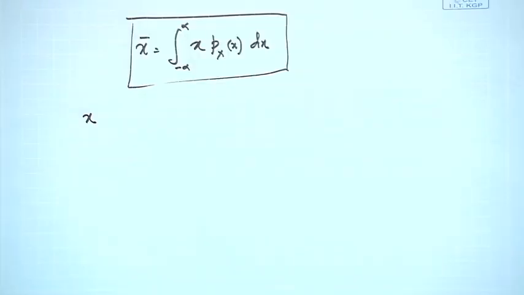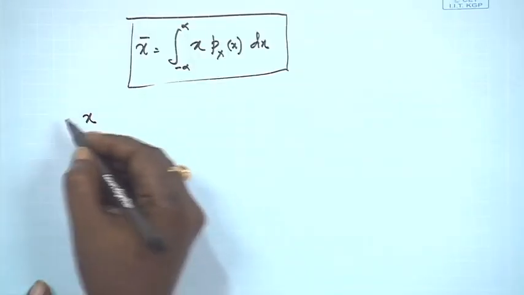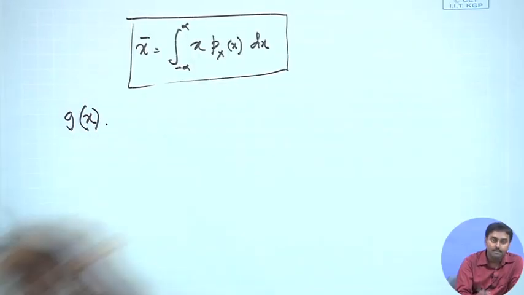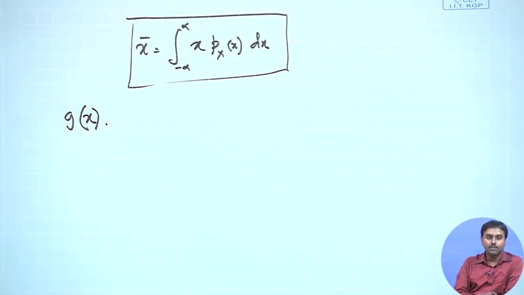Now, let us say I have a function of a random variable. Okay. So, what do I mean by that? Suppose this x is a random variable, and there is a function which maps that random variable to some other real axis. So, it is just a functional mapping, whichever way you wish to do that. Okay.